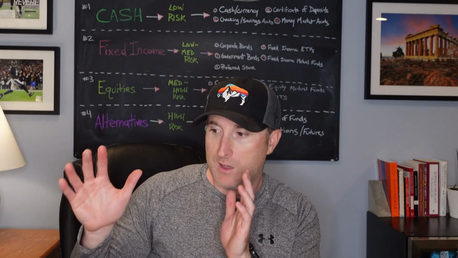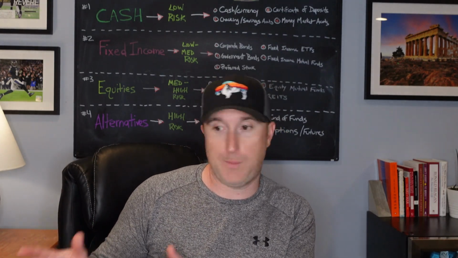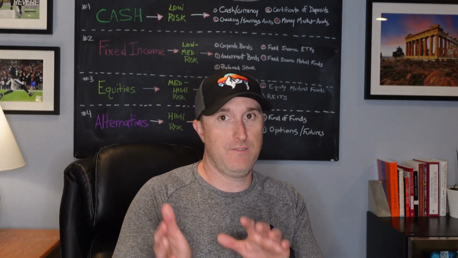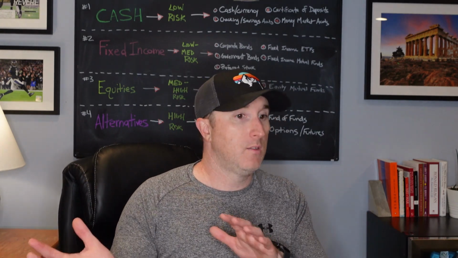Just keep it as a smaller portion of your portfolio, maybe only 20 or 30% in equities and alternatives, which will be bucket 3 and 4. And you want the majority of your portfolio in fixed income and cash. So you want to split the 70%, 50% fixed income, 20% cash. Hopefully that added up to 100%.